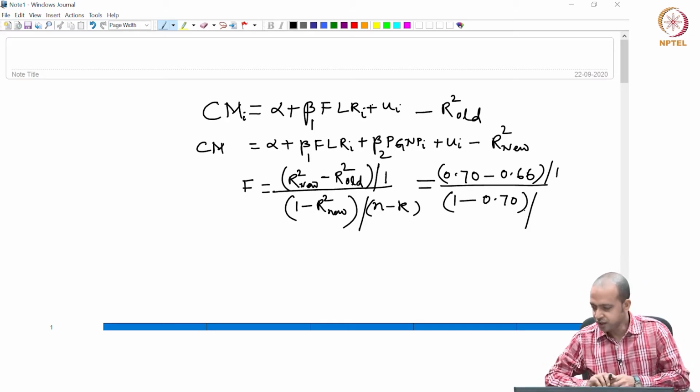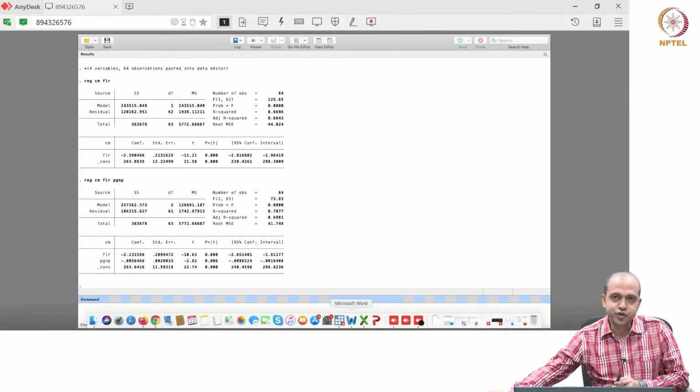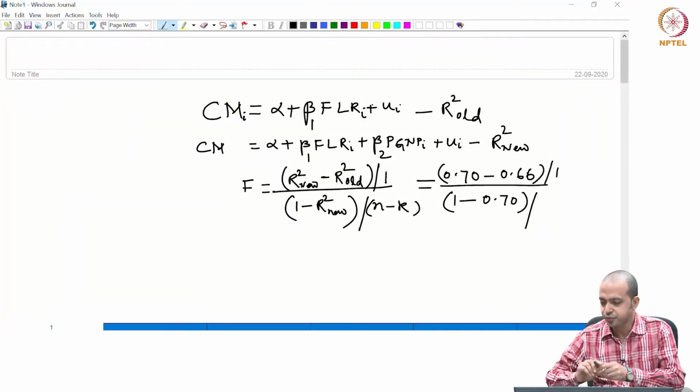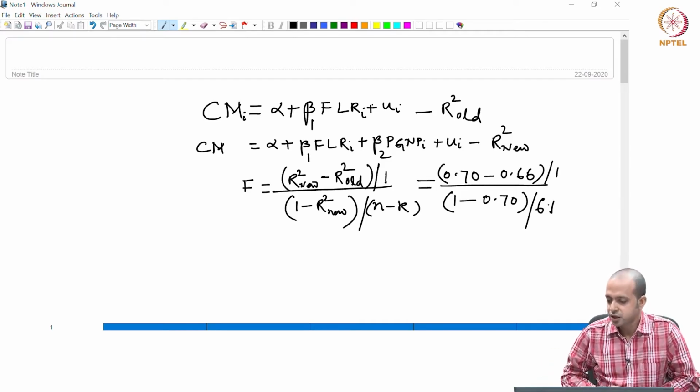What is your n? If you look, your total number of observations is 64 and the total number of parameters to be estimated from the model is 3. So, 64 minus 3 is 61, okay, 61, all right.